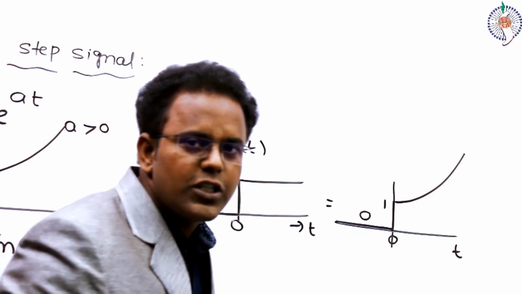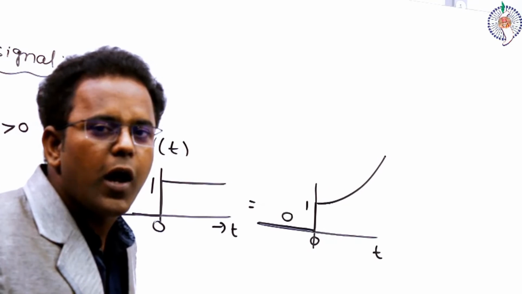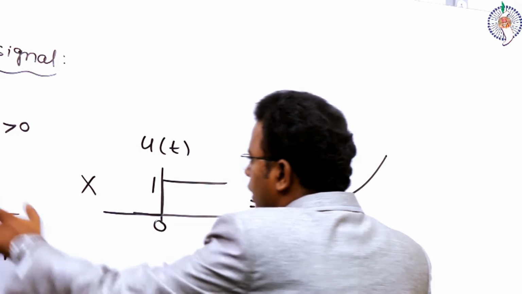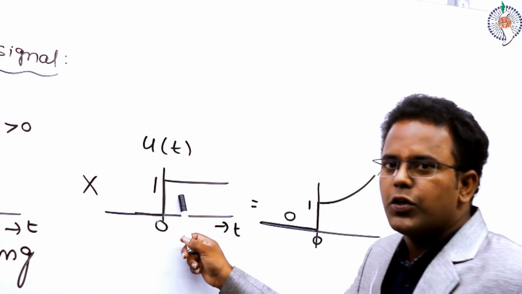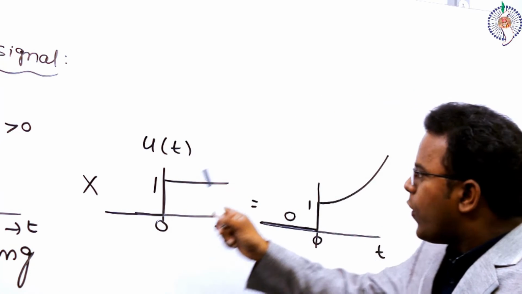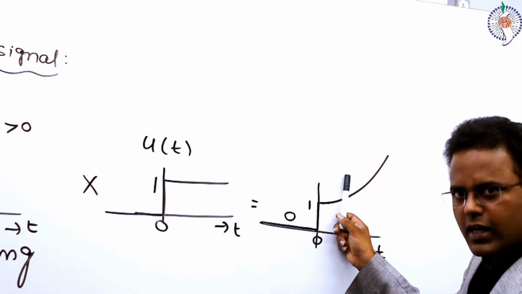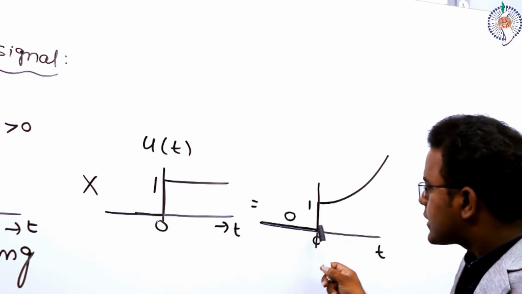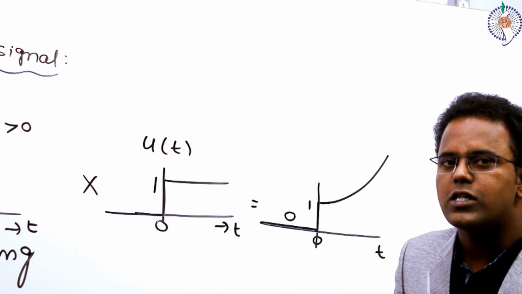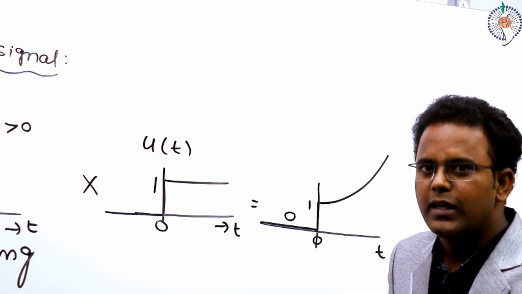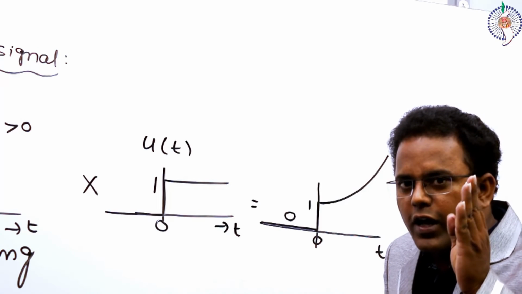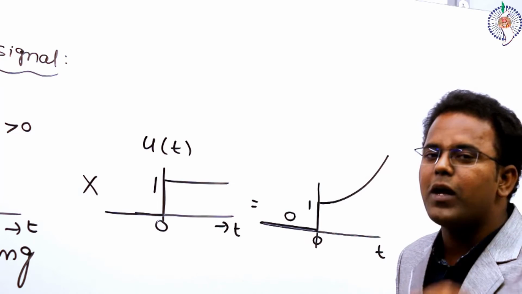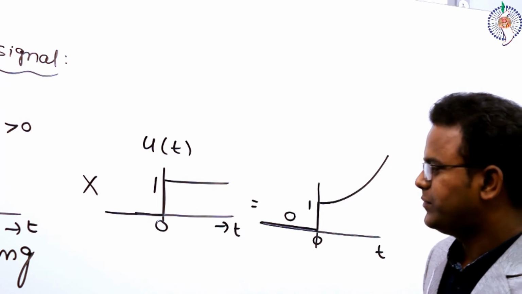So from this discussion, students, what you are observing: any signal, if you multiply with the unit step signal, only the variation of the signal exists on the right side and its complete left side variations become 0. That is, if you want the variation of the signal only on the right side, multiply with u of t.